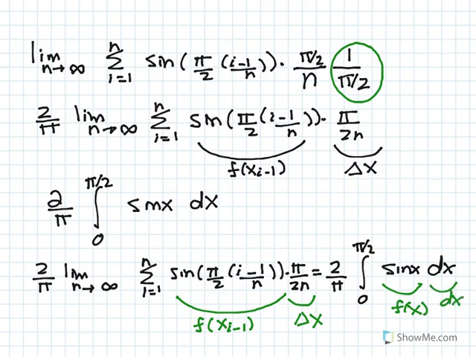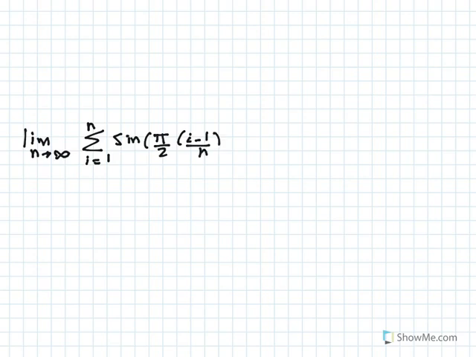All right, let's look at a summary. So we were given a question: the limit as n goes to infinity, i goes from 1 to n, of sine of pi over 2 times (i minus 1) over n, times 1 over n.